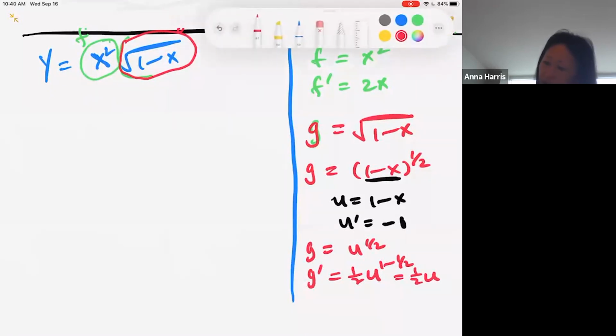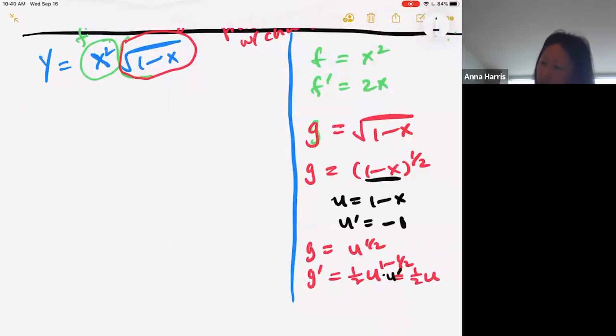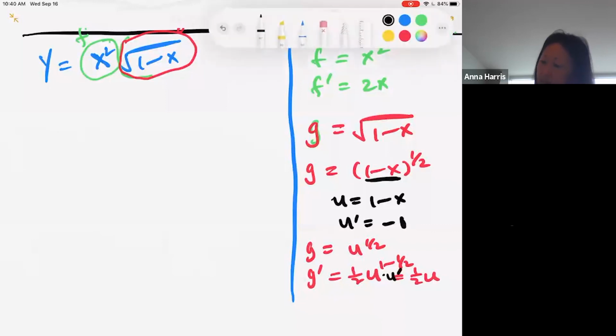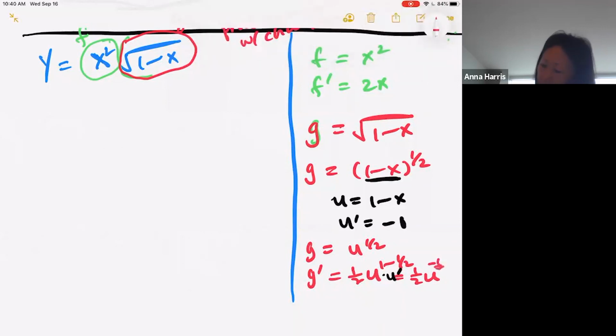I need to add u prime, right? u prime. So I have g prime is equal to u prime over 2 times the square root of u.